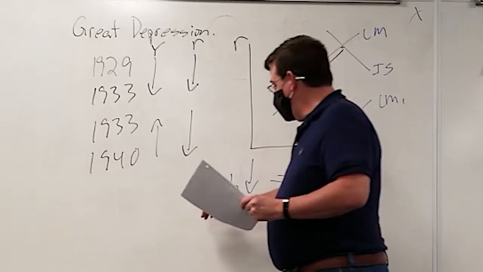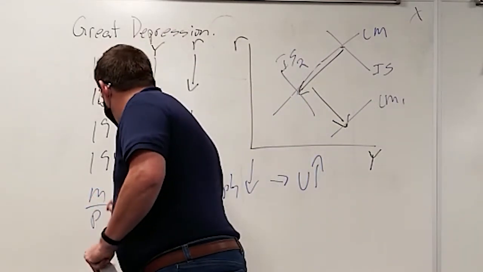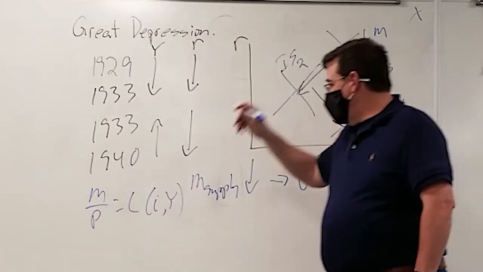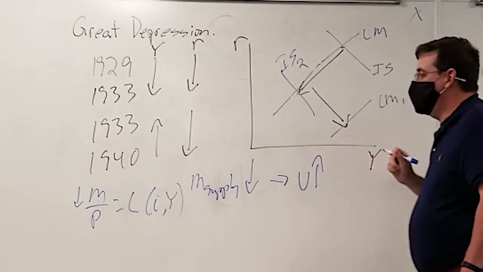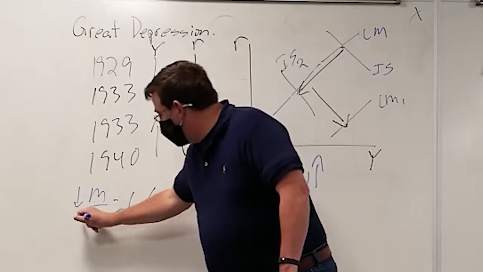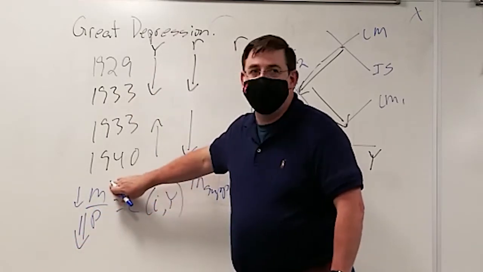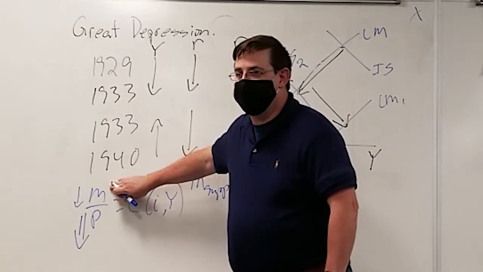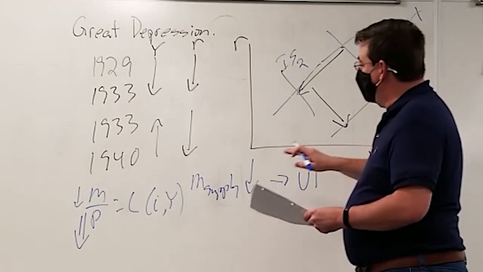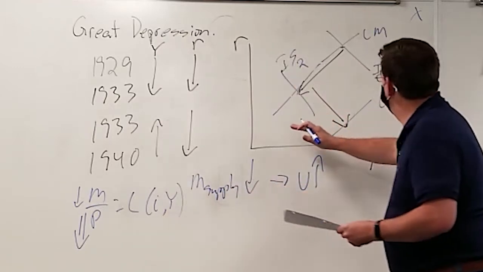What happened here, though, is that usually we think about M over P having a relationship to I and Y. They were reducing the quantity of money. But at the same time, prices were falling even faster than the supply of money was being contracted. They thought they were doing the right thing to shift LM back up.